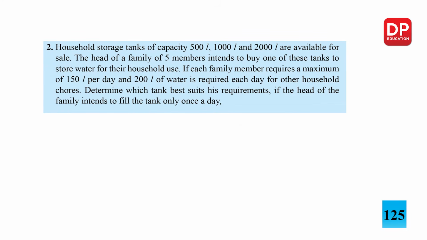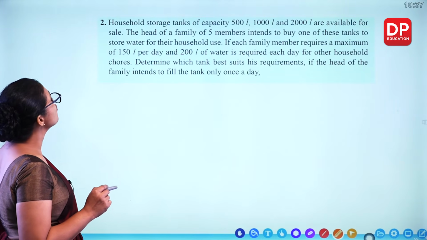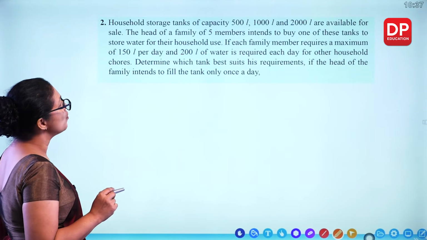Question number 2. Household storage tanks of capacity 500 liters, 1000 liters and 2000 liters are available for sale. The head of a family of 5 members intends to buy one of these tanks to store water for their household use.